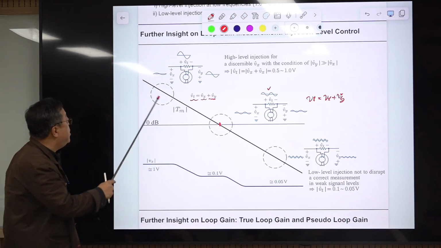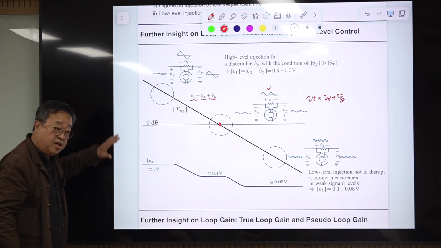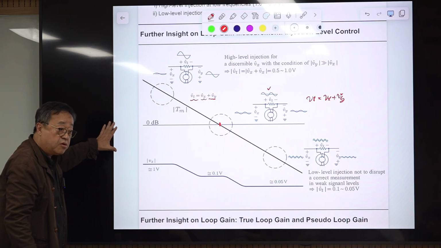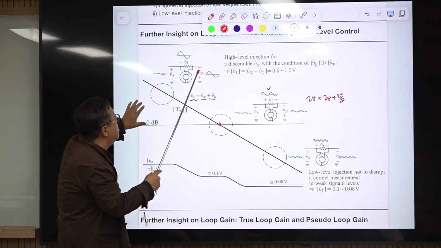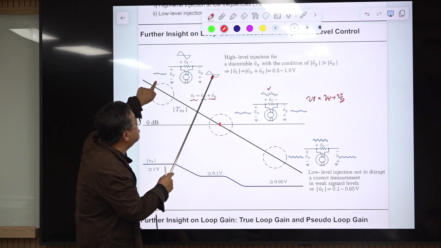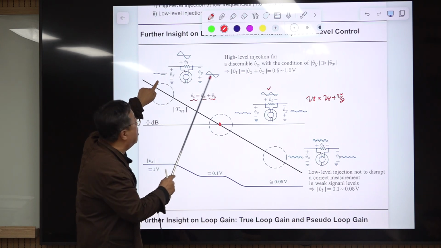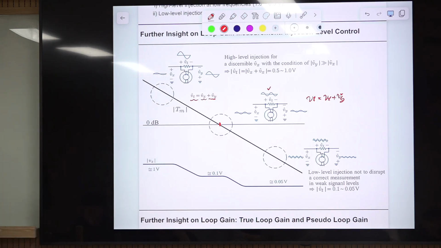But the magnitude of the loop gain is inherently large at low frequencies. This signal will be shared between these two, and this is much larger than this because the loop gain is very large. So this returning signal, Vy, is very strong.